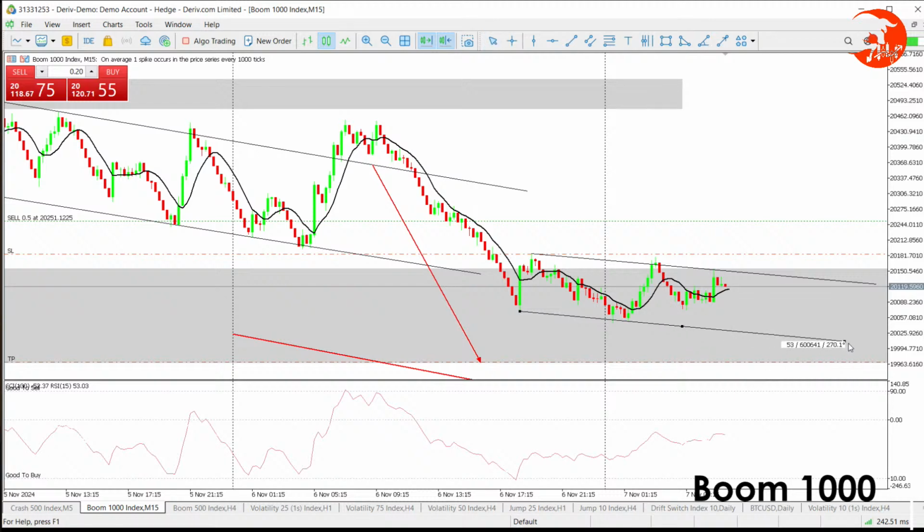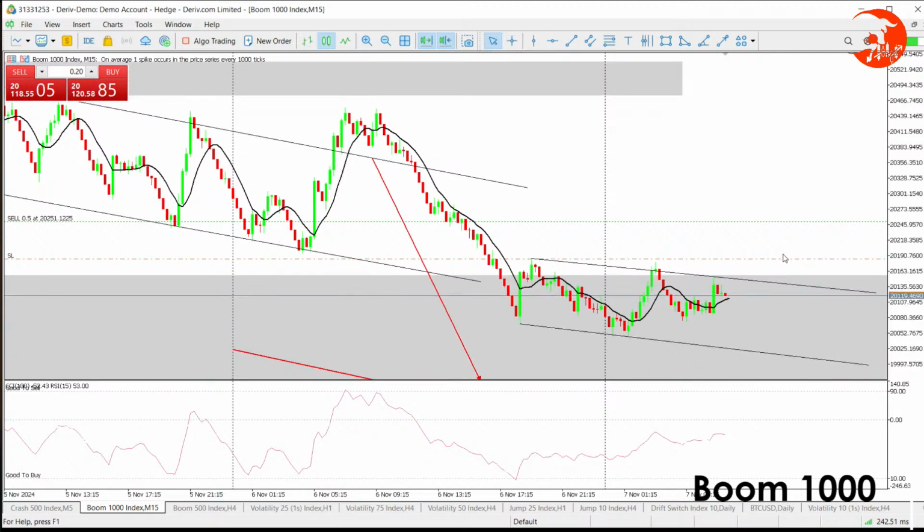So I will wait for whatever happens here. So these are my profits already. Stop losses in profits here. That's why I was not taken out. I was almost taken out here. Yeah, so I'm still in profits here as of now.